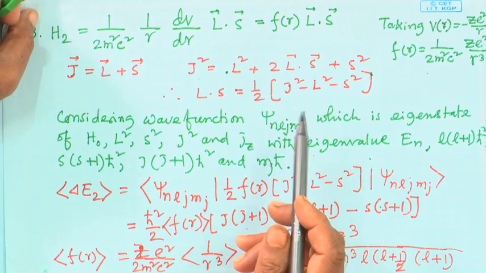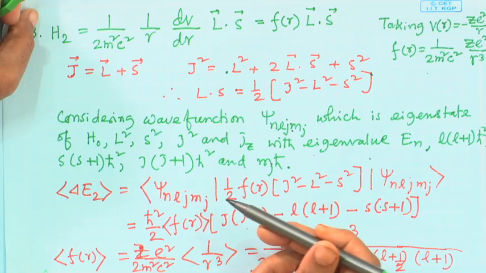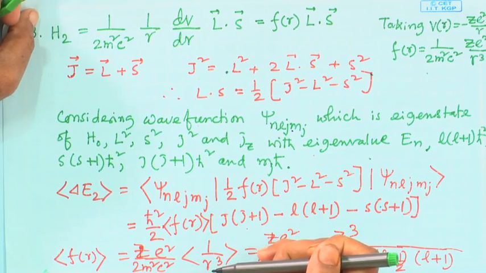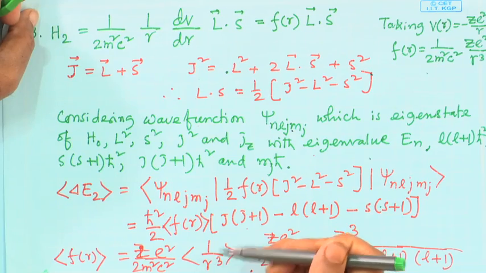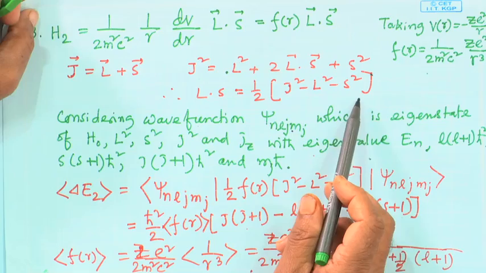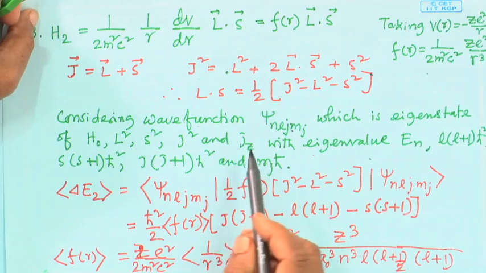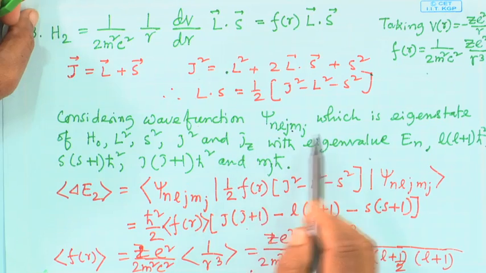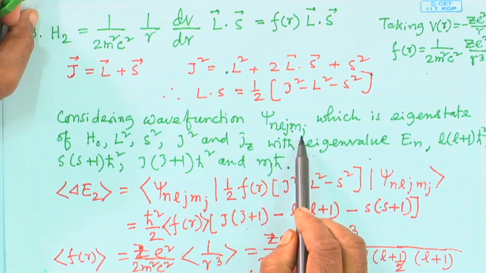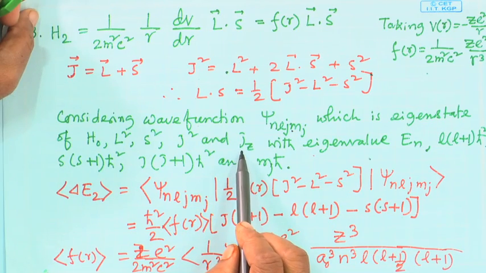Since we are replacing this L·S in terms of J, L, S, we have to consider a suitable wave function which will be the simultaneous eigenfunction of J², L², S², H0 and the z component Jz. That's ψ_{n L j m_j}.